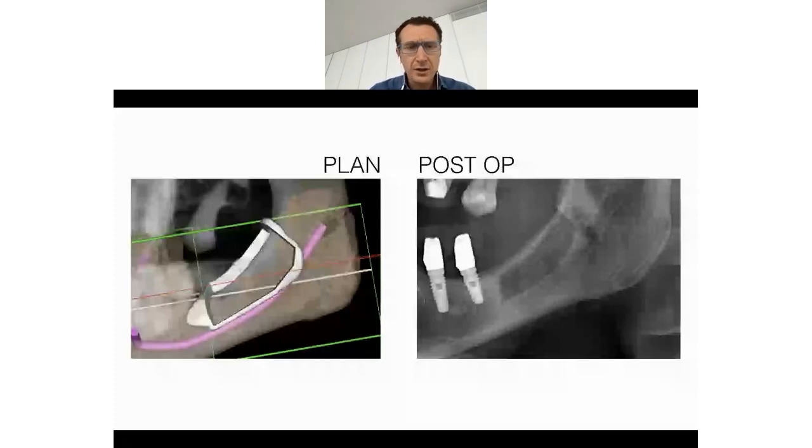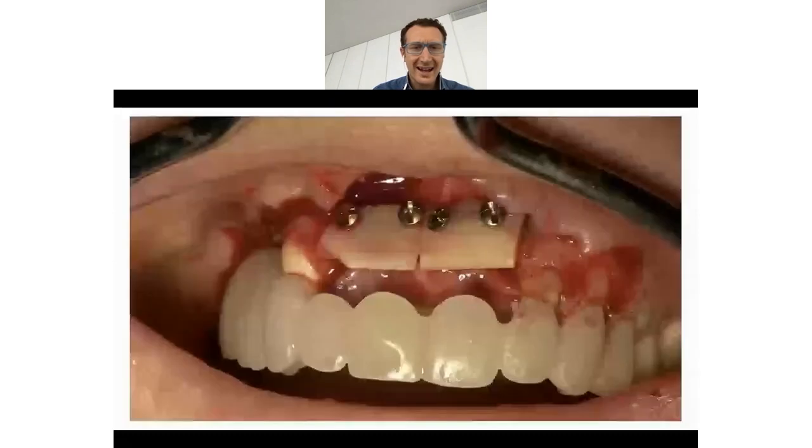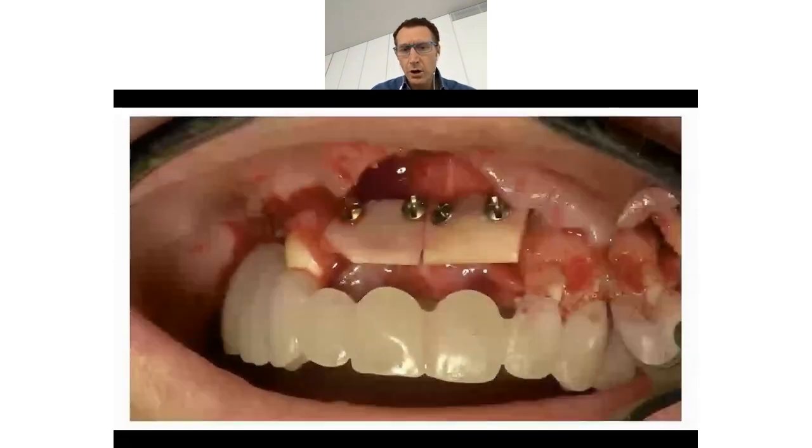This is a two-dimensional post-operative image. What I want to show you here is that our apical osteotomy is always running cranial to the alveolar canal, as planned. What we are doing with this bone, you probably know from other presentations.